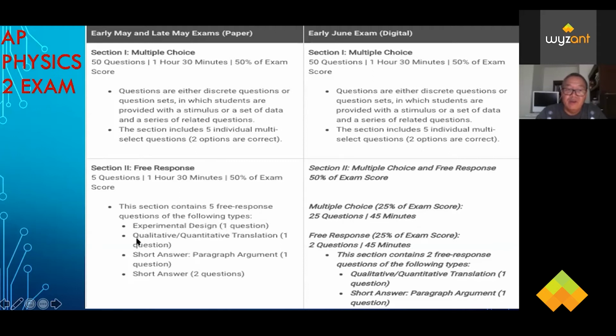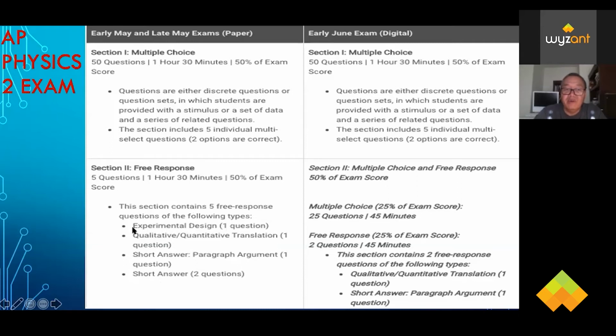And quantitative translation, this has one question. Then the third type is short answer, paragraph argument, that's one question. Then the short answer has two questions.